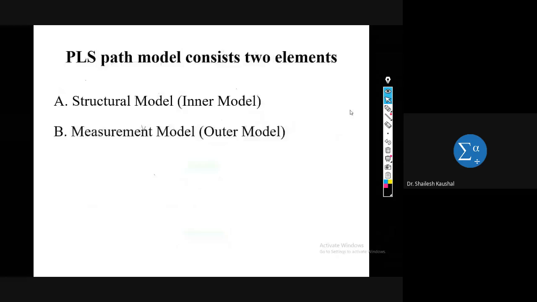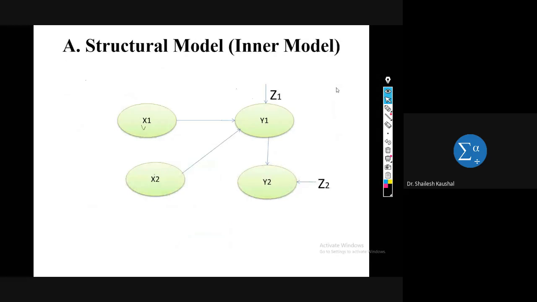Okay, now the structural model means when we consider the relationship of four constructs, means y2 one endogenous construct, y1 again an endogenous construct with respect to x1 and x2. Okay, and these are the error term variances z1 and z2.